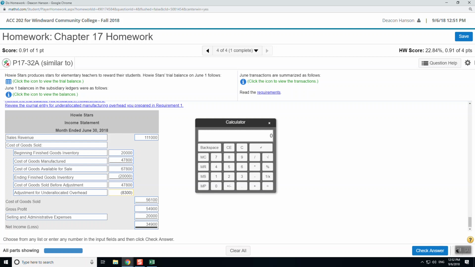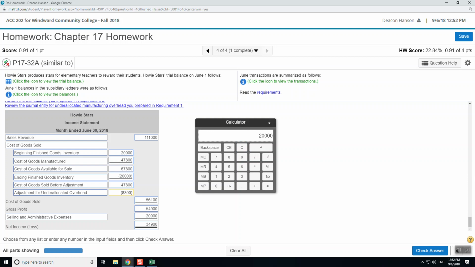Let's see. The math should work out though. We just move some numbers around, right? Wait. 67 minus 20. Double check. 47,8 minus 83. 39,8. Wait a minute. What about that cost of goods available for sale? Okay, let's see.